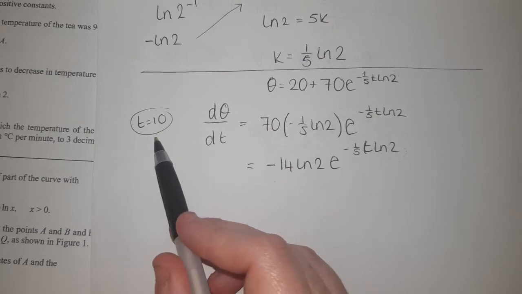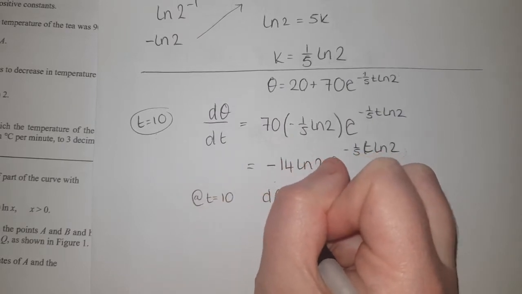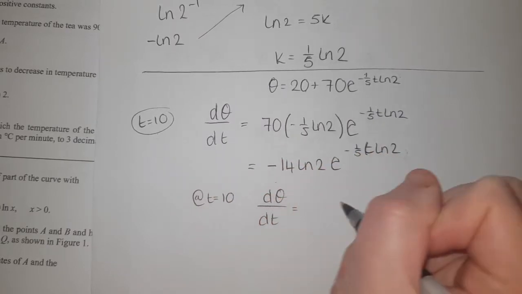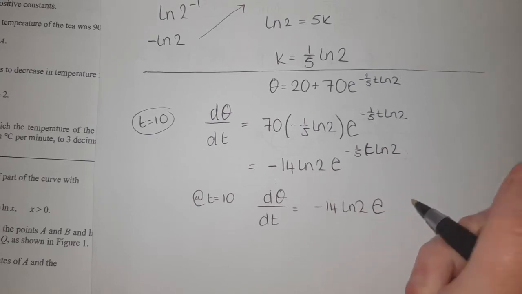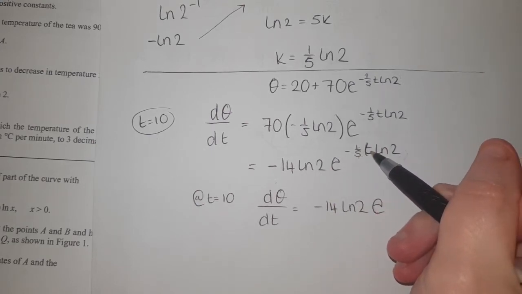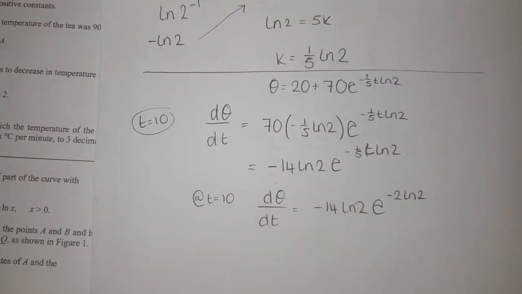We're not going to worry about tidying it up more than that, because all we're actually interested in is what the value is when t is 10. So at t equals 10, you get d theta by dt is equal to minus 14 ln 2 e to the, if you do minus 1/5 of 10, you just get minus 2 ln 2.